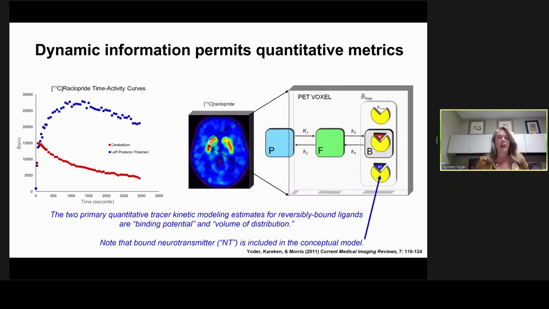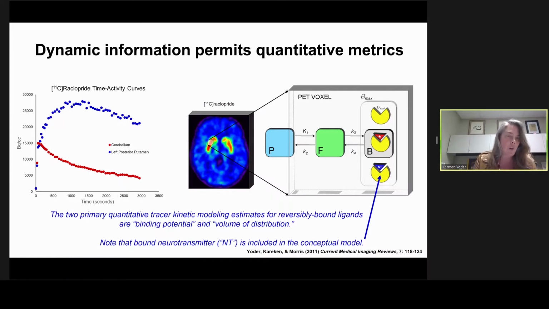In order to obtain quantitative estimates of receptor density, which is actually more accurately called receptor availability, we extract the concentration of radioactivity in the tissue over time, as is illustrated in the graphic on the left. We have raclopride time activity curves from an area of the striatum, which is rich in dopamine D2 receptors, and that's in blue.